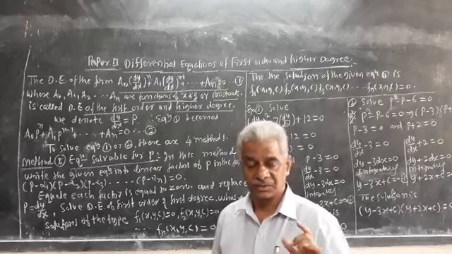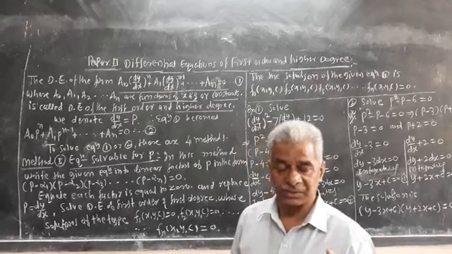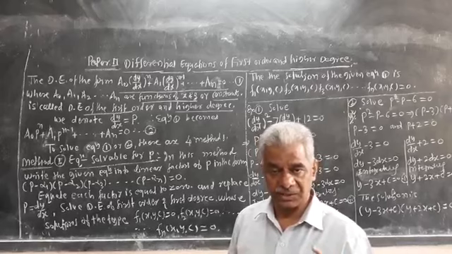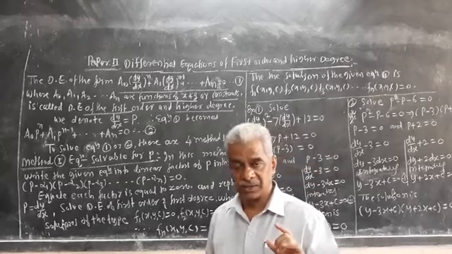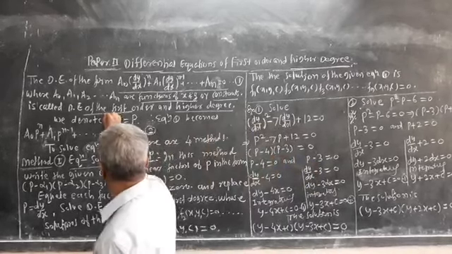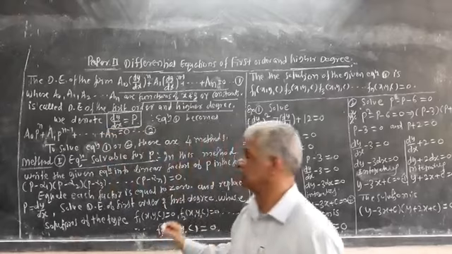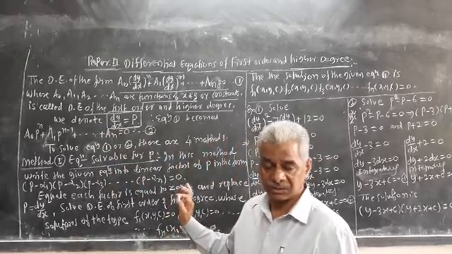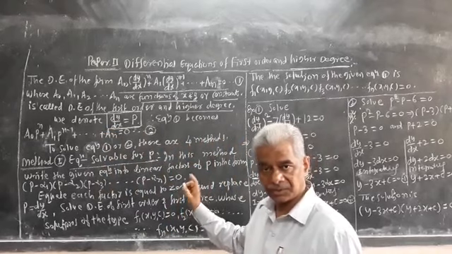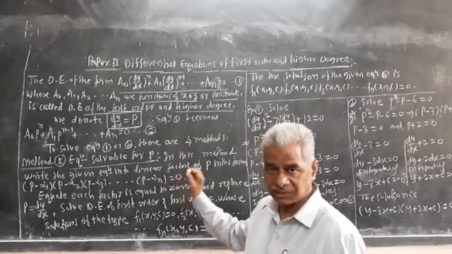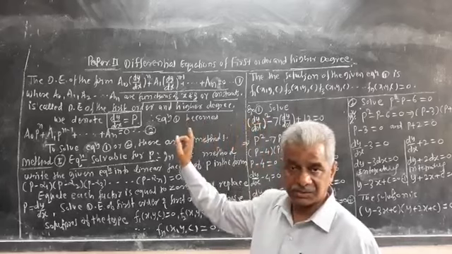Whatever derivative term dy by dx we have, we are always going to denote it by p, and hence we consider the standard notation dy by dx is equal to p, or p is equal to dy by dx, in the case of first order and higher degree differential equations.